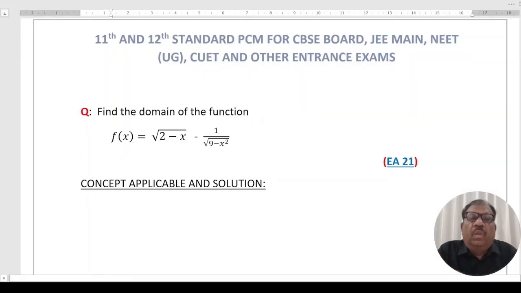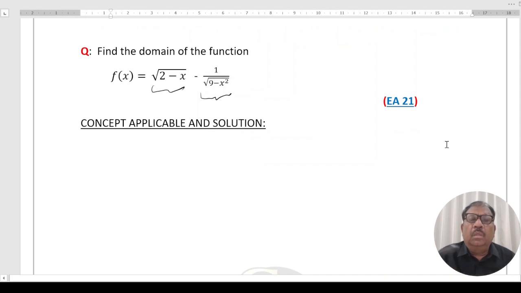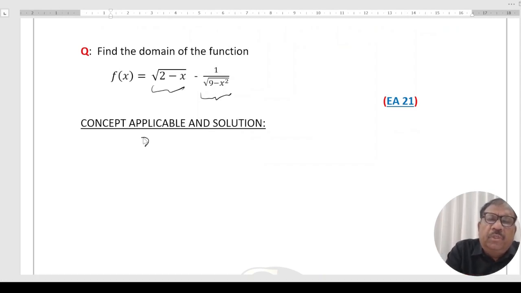Question is, find the domain of the function root 2 minus x minus 1 over under root 9 minus x square. In this case, there are two functions. One function is the square root function.